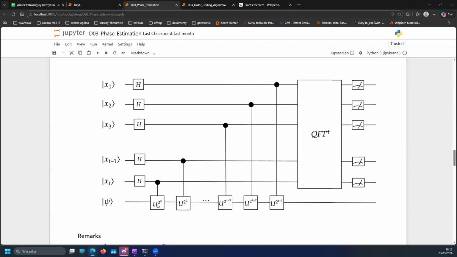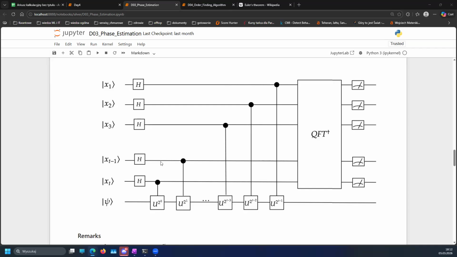And here we have U to the power of something. So here we have U to the power of 1. So this is basically a controlled U gate, and the U gate, as I said, is given. So here we just apply a simple controlled U gate.